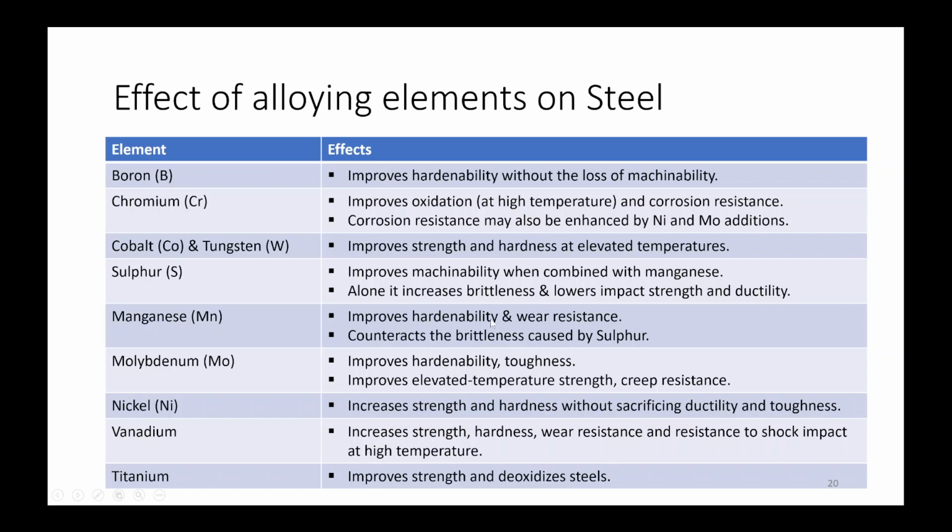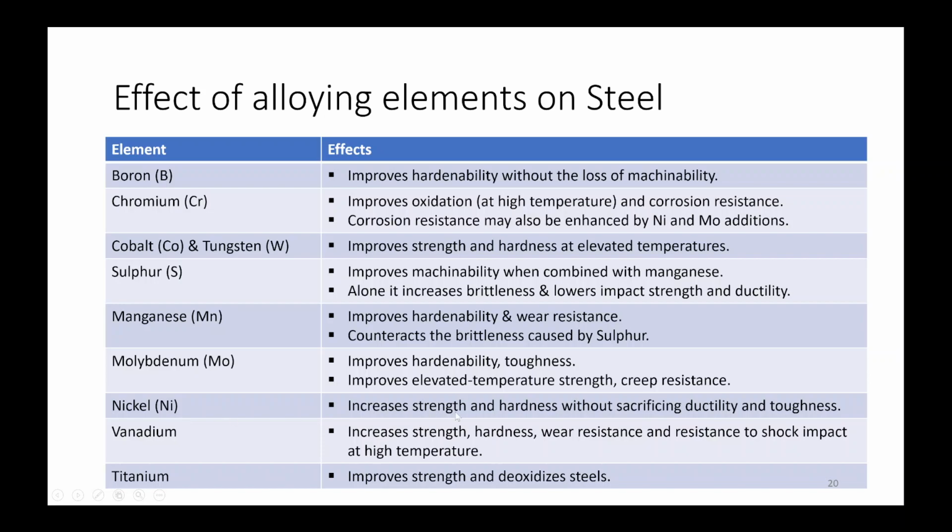Manganese improves hardenability and wear resistance, and it counteracts the brittleness caused by sulfur. Molybdenum improves hardenability and toughness, and it improves elevated temperature strength and creep resistance.